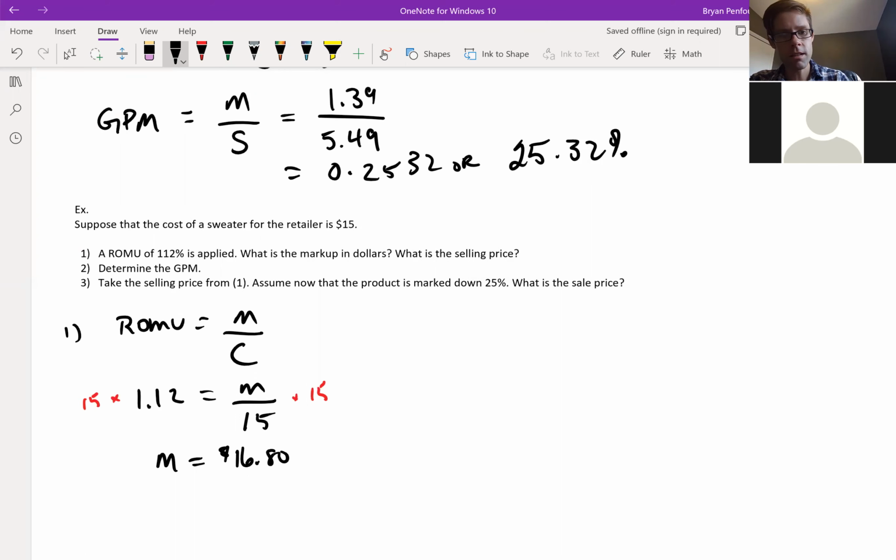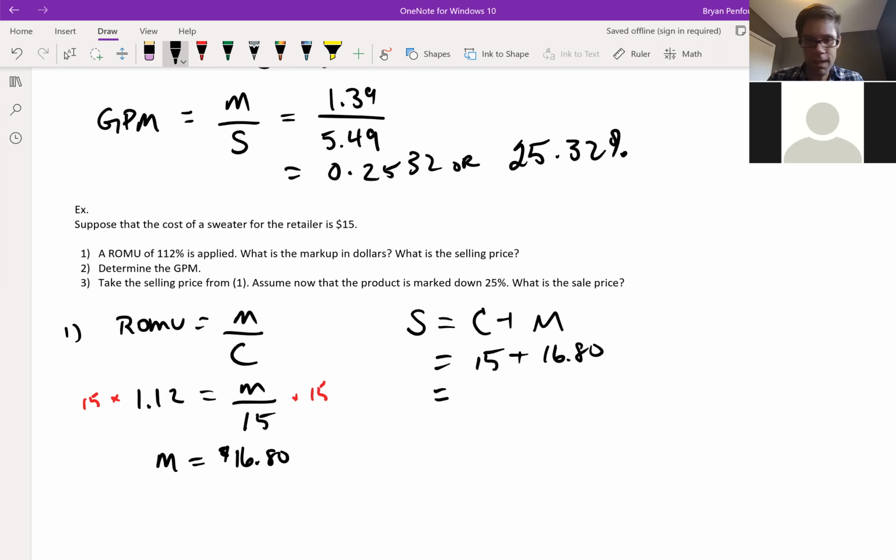And we had a lovely suggestion in chat, and that was that the selling price that my business will use will be the cost per item plus the amount of money we add to that for the markup. So if our cost is $15 and we know that our markup is $16.80, the selling price to the consumer must be what, $31.80. Boom.